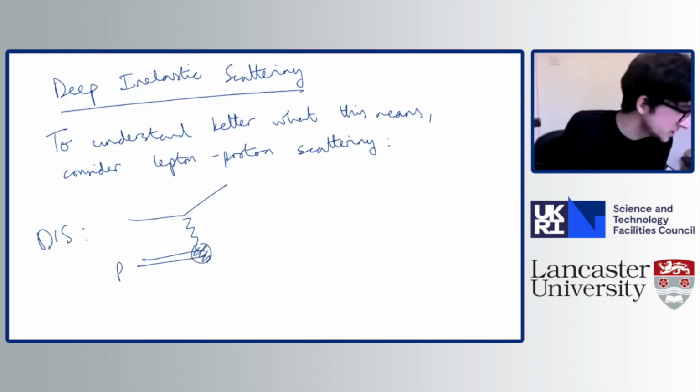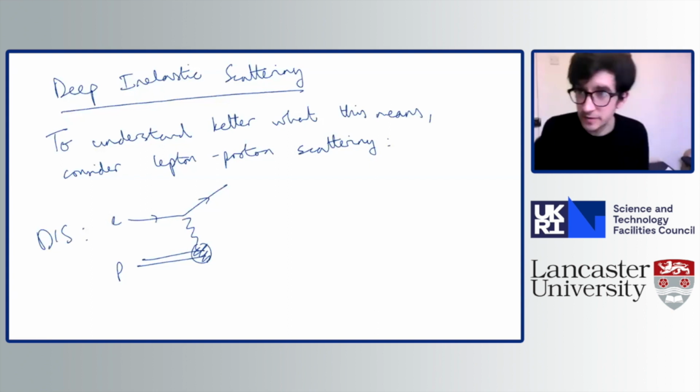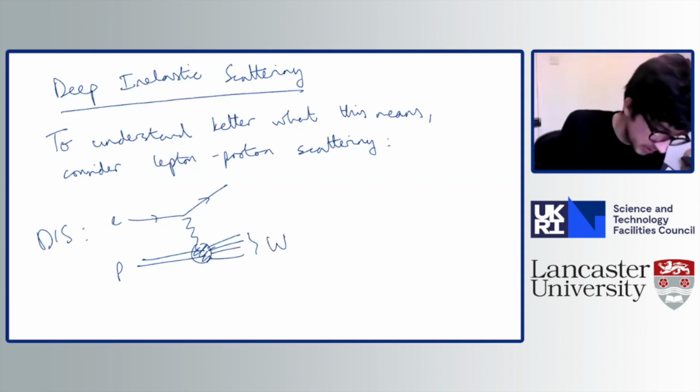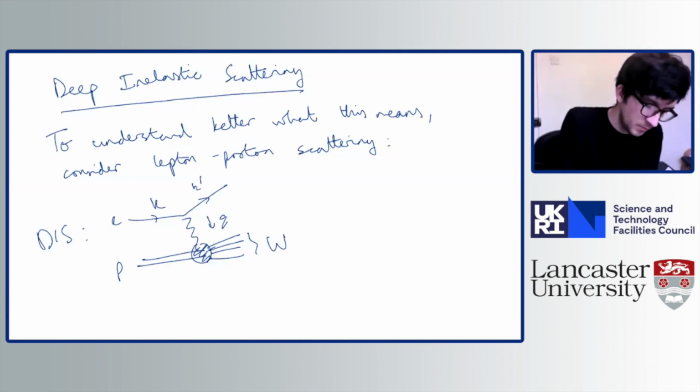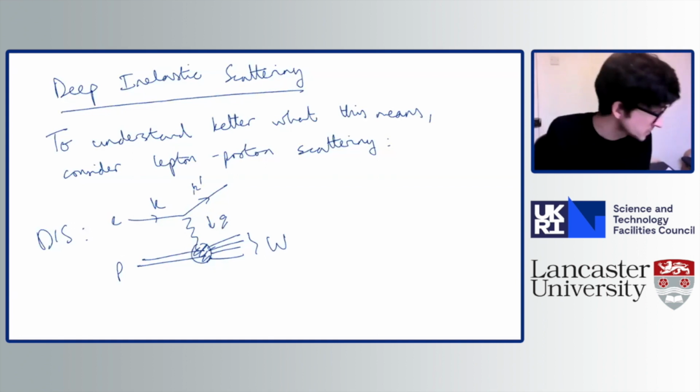Don't think too much about the fact that I put 2 lines there. It's just a schematic way of drawing the proton. You can put as many lines or in whatever colors you want. I'm not saying it's 2 quarks or anything like that. And then a load of particles are produced there. I'll label that with a W, and tell you what that is in a minute. You could label that with a K and a K prime, although I won't actually make use of those variables. So that's the basic setup.